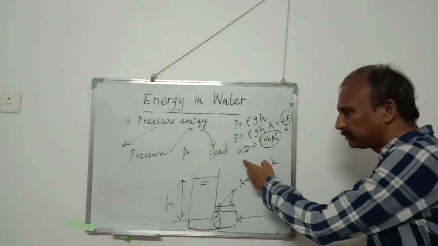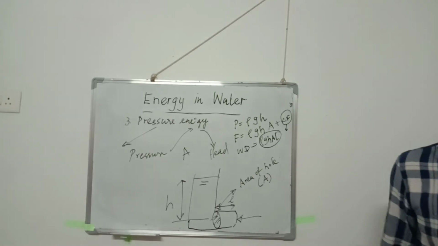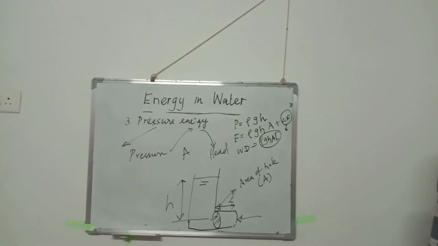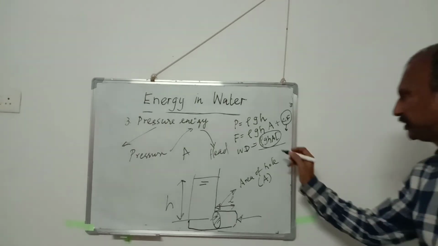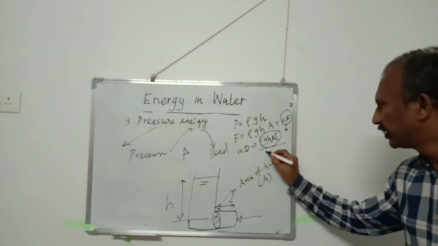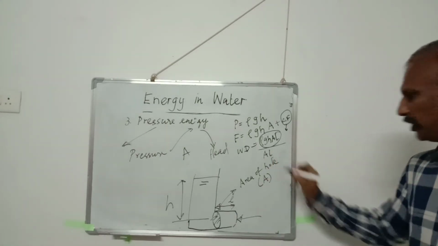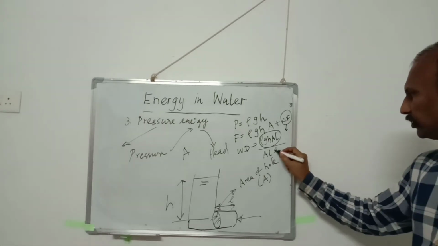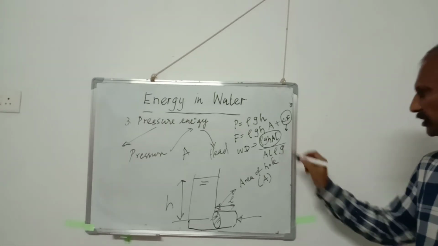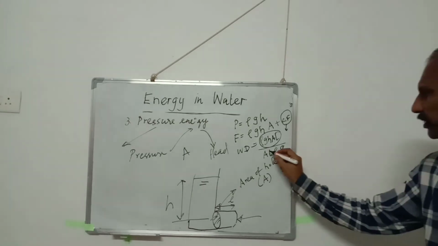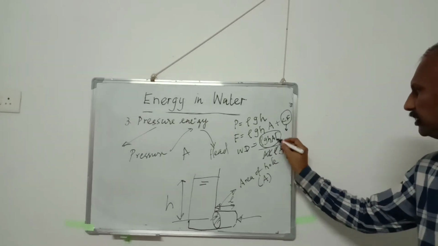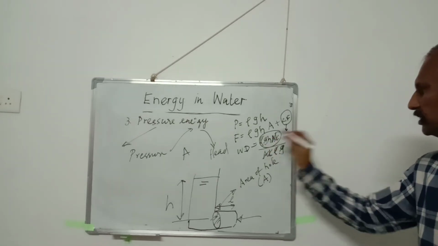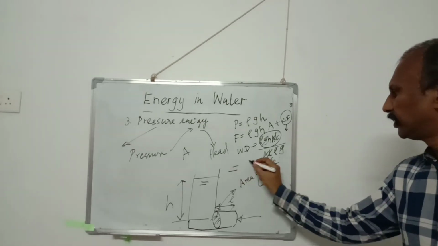So how much work we have done per unit weight of water, divided by the weight of the water. What is the weight of the water? A L is volume, into rho g is the weight. So A L rho g divided by A L rho g, so you get only h.